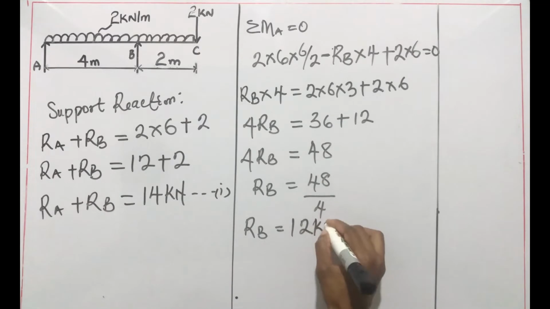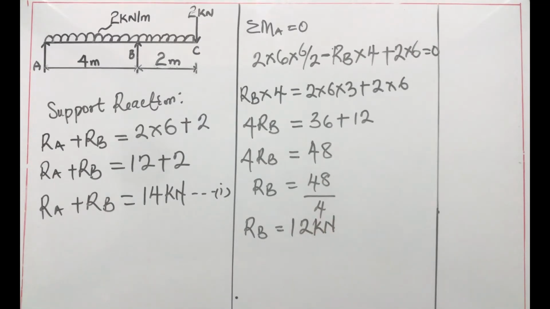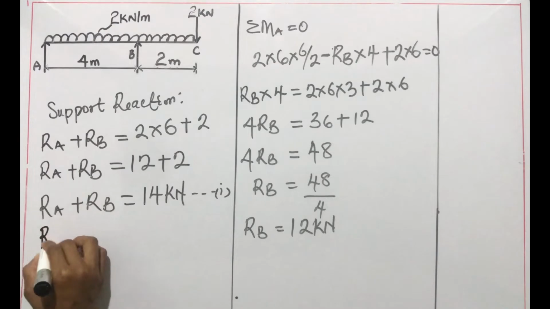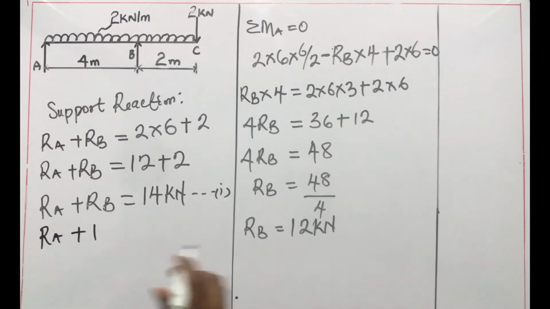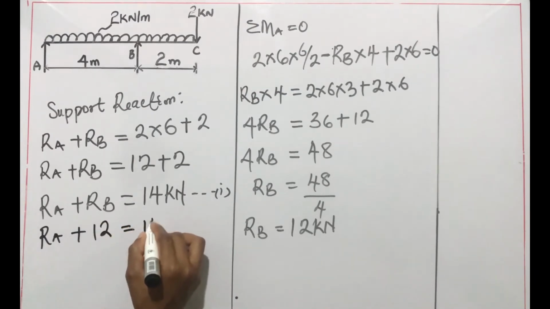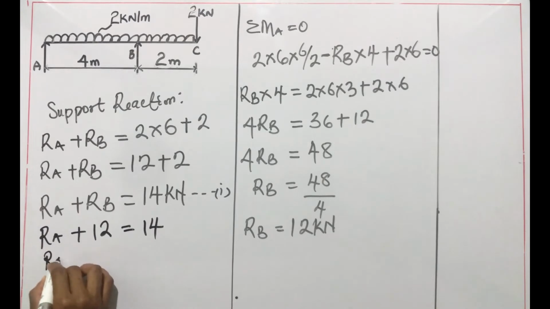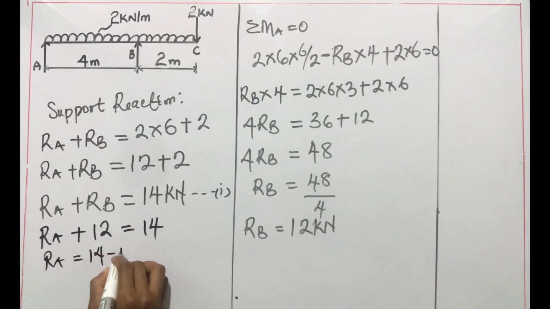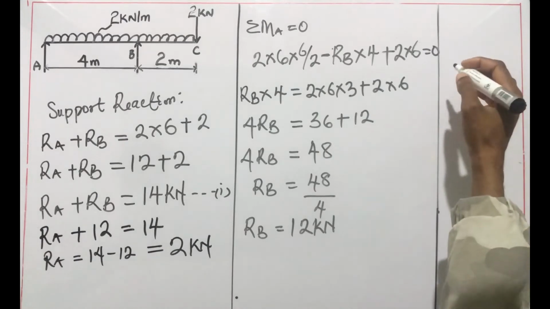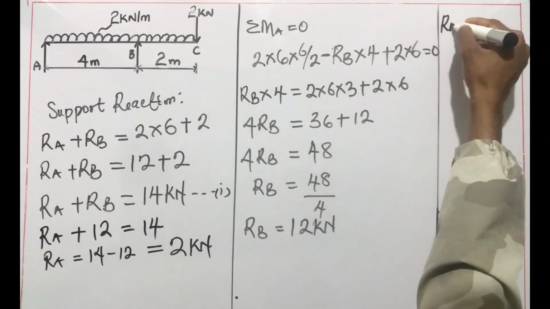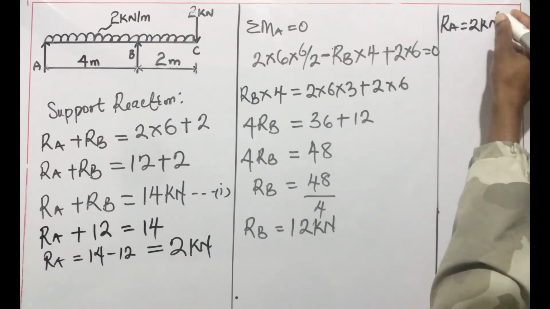So we have our RB as 12 kilonewton. The next step is to substitute the value of RB into equation 1 so we can determine our value for RA. The value of our RA is 2 kilonewton.